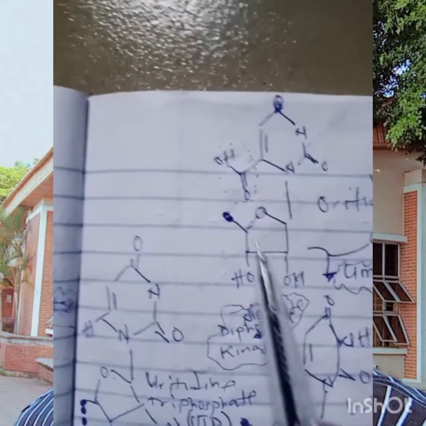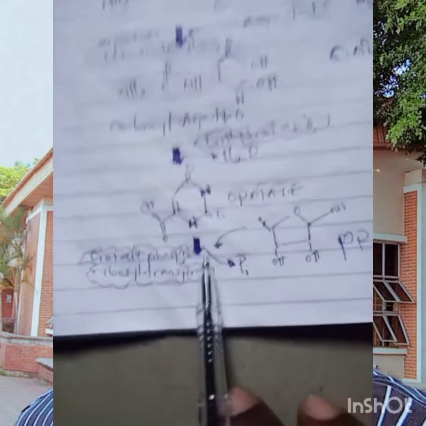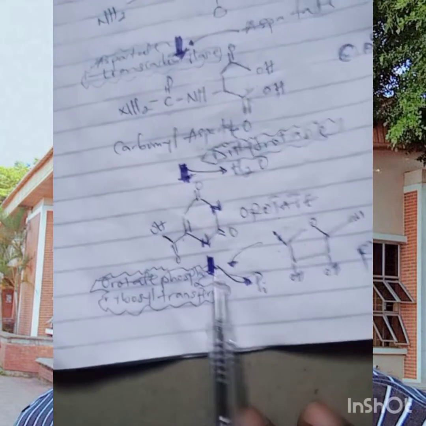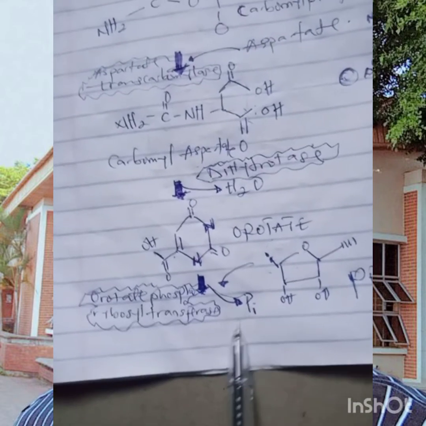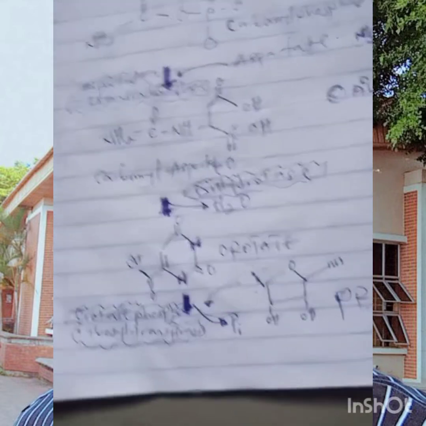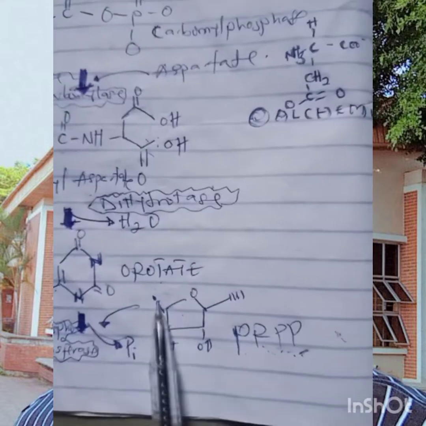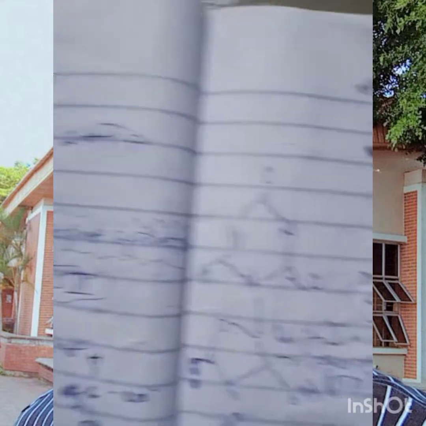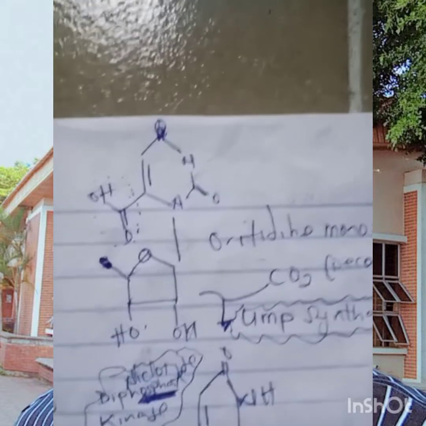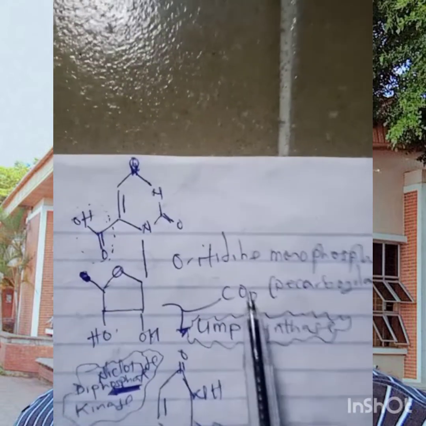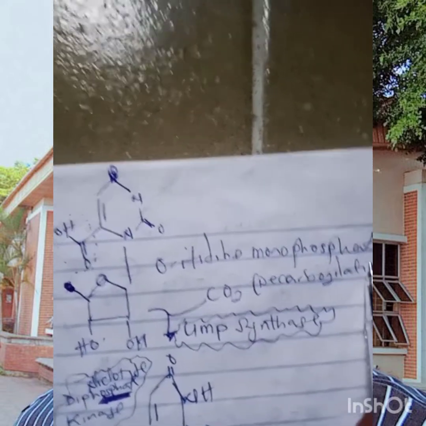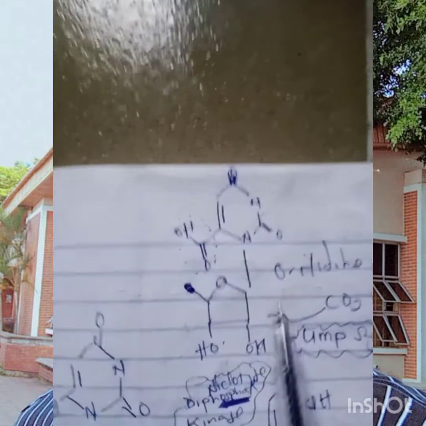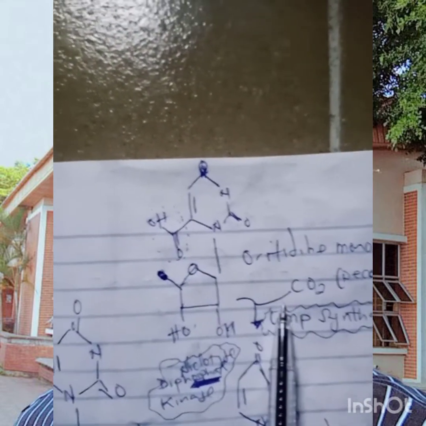You could remember I said we removed a phosphate from the PRPP. After removing the phosphate, how many phosphates are left from this PRPP? One phosphate. That's why it is a monophosphate, and we have uridine monophosphate. Can you get that now?